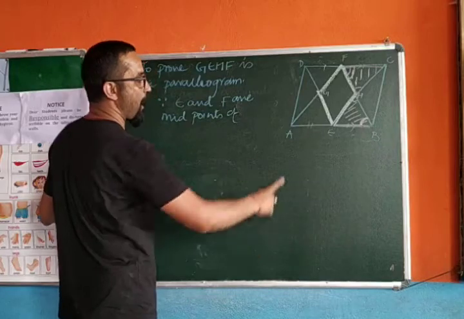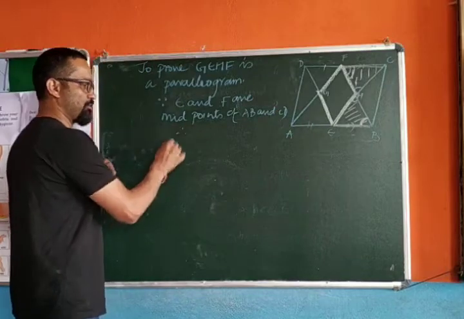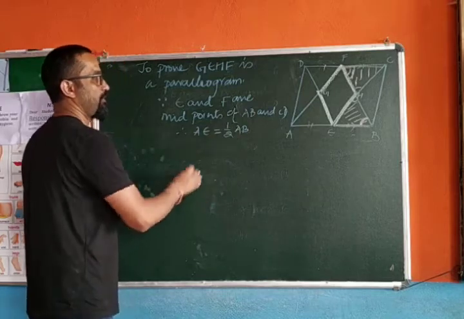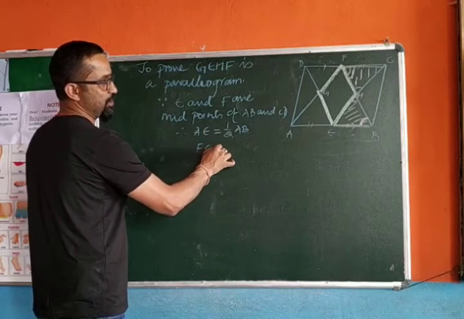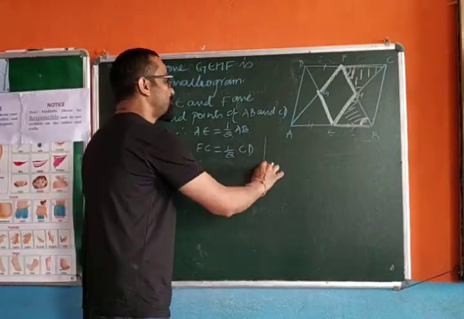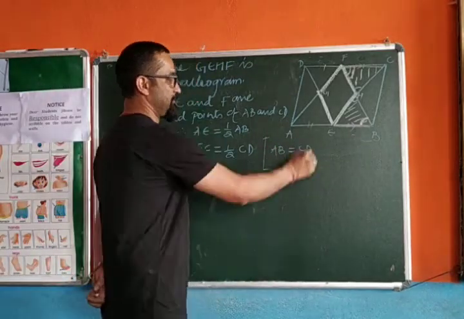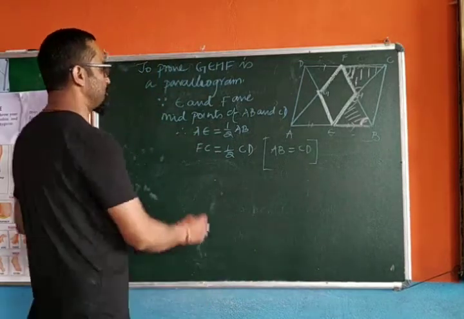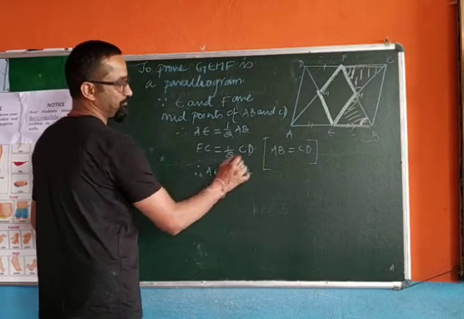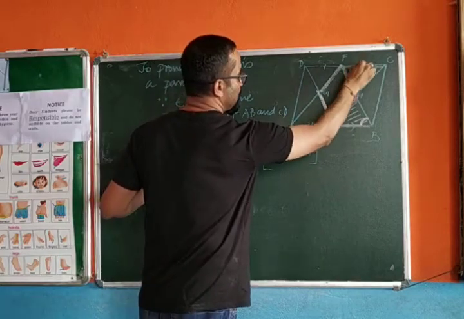Since E and F are midpoints of AB and CD, therefore AE is equal to half of AB, FC is equal to half of CD, and we use the property of a parallelogram. AB is equal to CD, opposite sides are parallel and equal, therefore we can write AE is equal to FC.